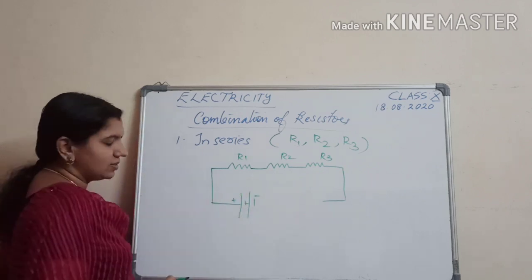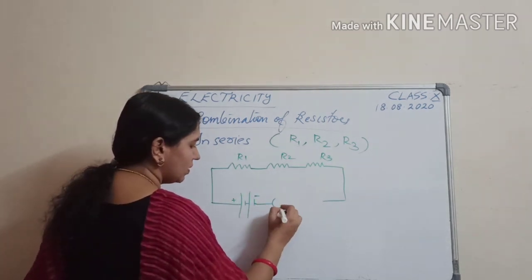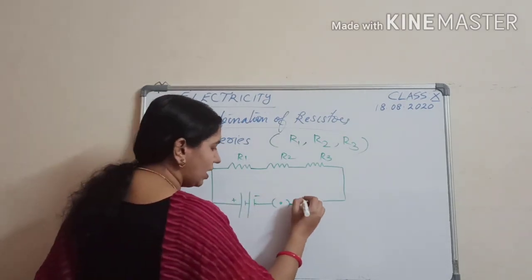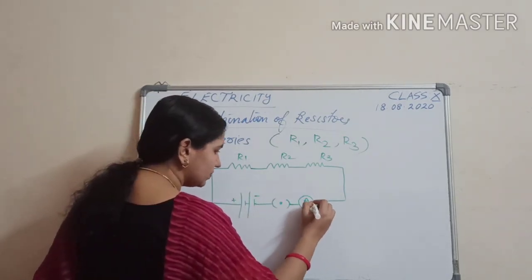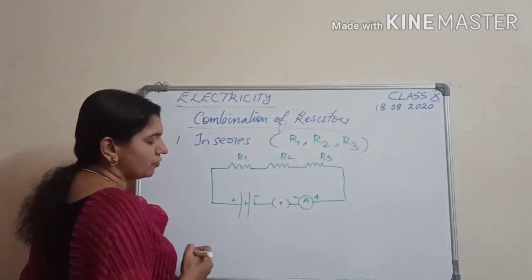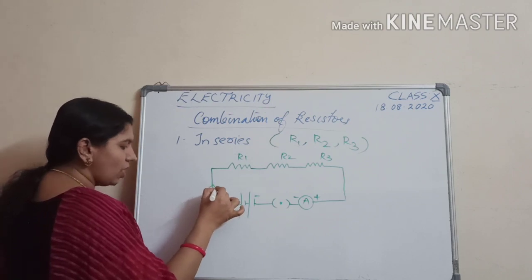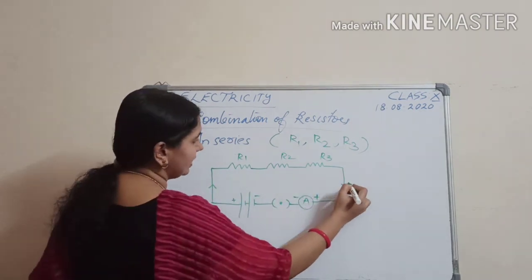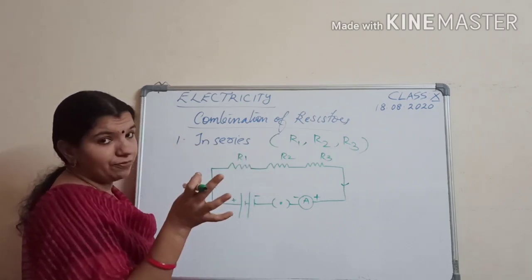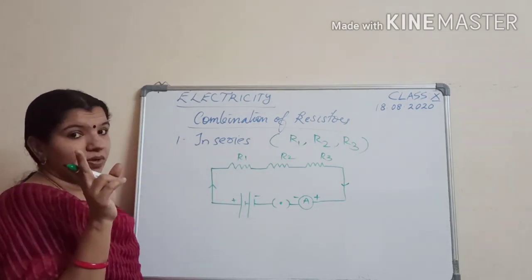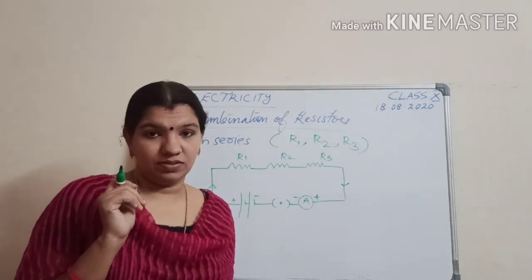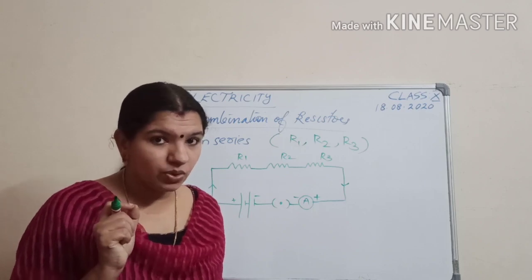I am taking a battery here. Then a switch is there. Now I placed one ammeter also. So this is the connection for the ammeter. Now the direction of current. Everything is important. Direction of current. To measure the potential difference, I placed what? What is the instrument to measure potential difference? Yes, voltmeter. How will you connect a voltmeter in a circuit?